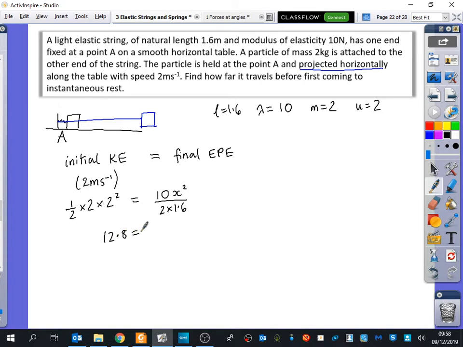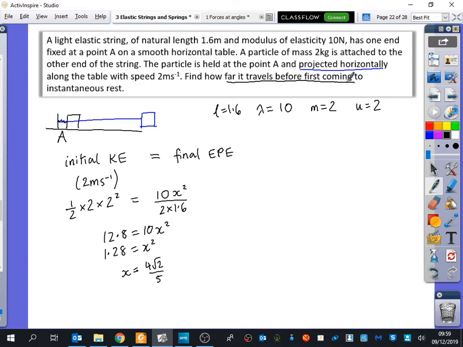So 12.8 equals 10x squared. So 1.28 equals x squared. So x is 4 root 2 over 5. That's how much the string extends when it gets to the point where it's stopped. But that is not what the question wants us to do. The question says, find out how far it travels before first coming to instantaneous rest.